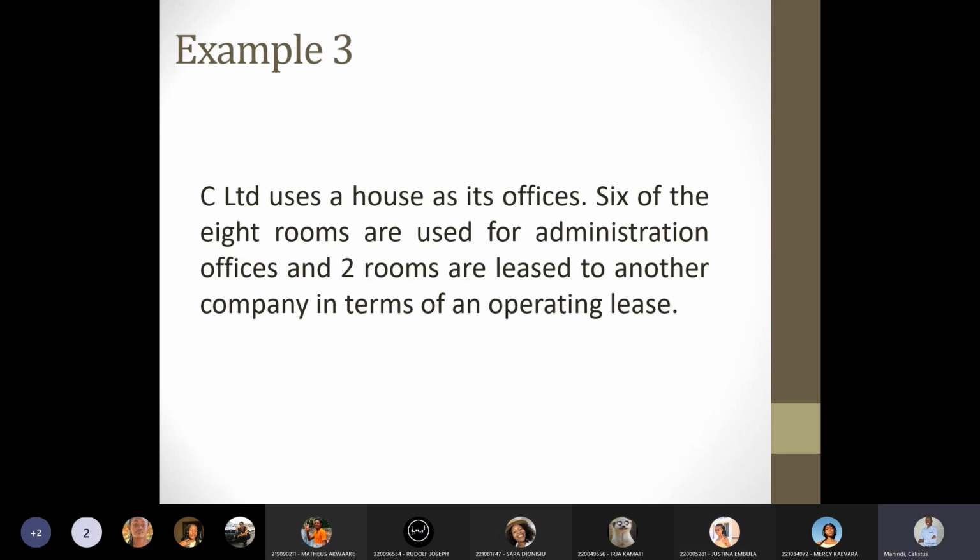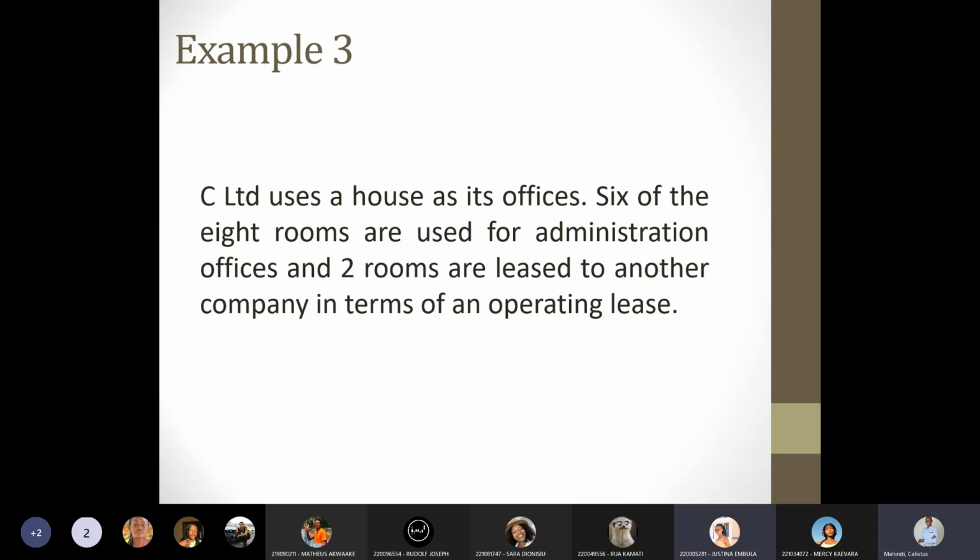So what we have to use here, again, it's a joint use property, but we have to determine what the significant use of this property is. In this instance, it seems as if the majority of the property is used for administrative purposes. That's the information given to us. So 6 rooms are used for administrative purposes and 2 rooms are leased to another company as an operating lease.